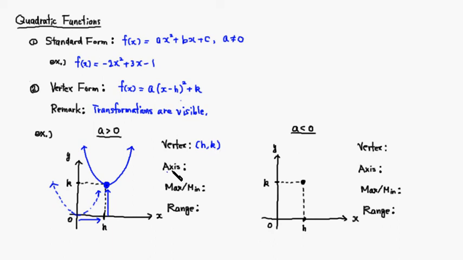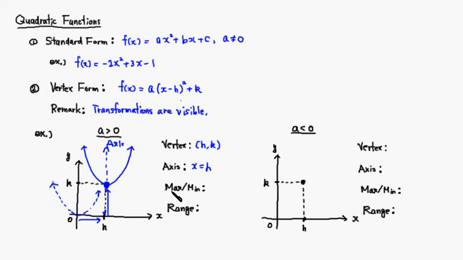Right? Then the axis is the vertical line through the vertex. So this is going to be called the axis. Right? So the equation is going to be x is equal to, right, h, which is just the x coordinate of the vertex.